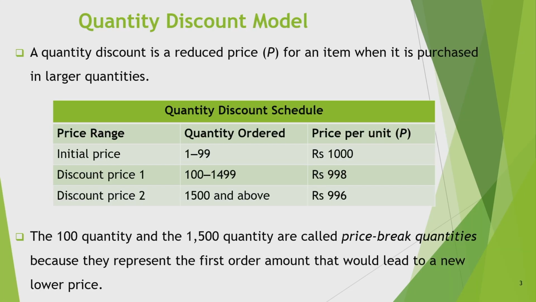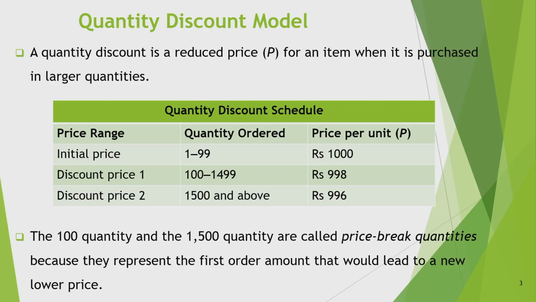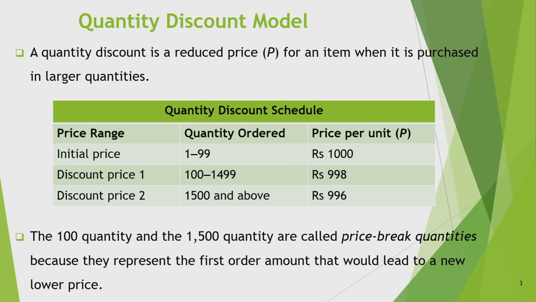Now I am discussing the quantity discount model. Sometimes we give a discount on the purchase: if you purchase more quantity, you will get more discount. A quantity discount is a reduced price P for an item when it is purchased in larger quantities. For example, suppose the initial price is rupees 1000 per unit, provided you purchase up to 99 units.